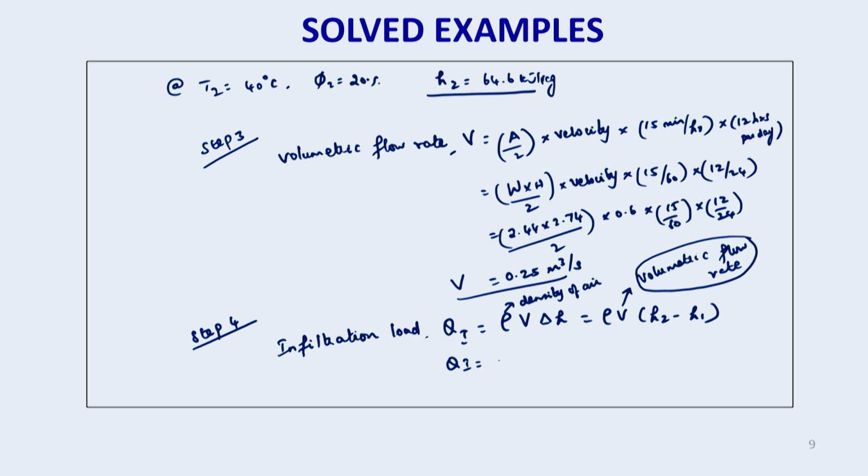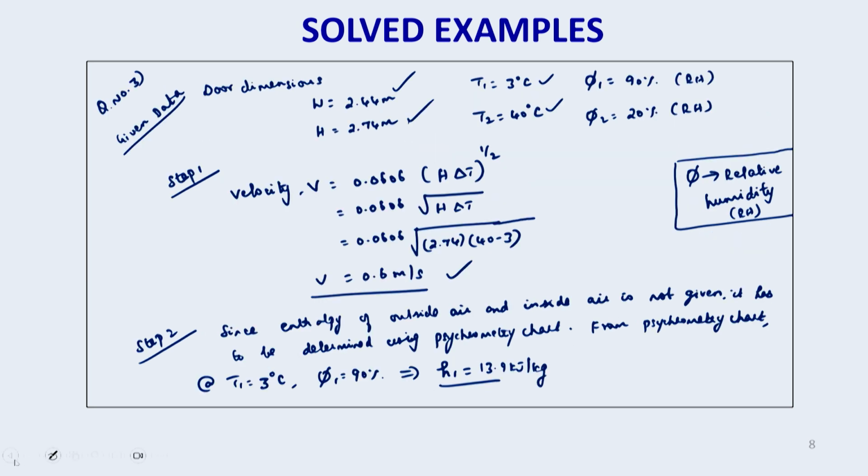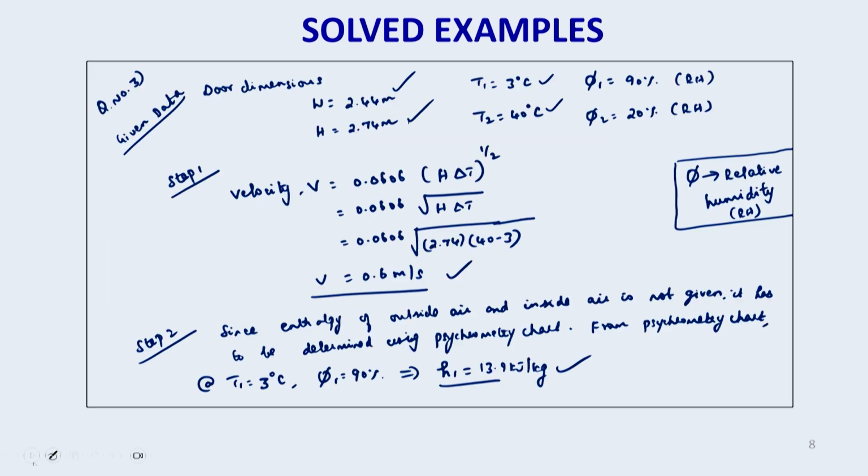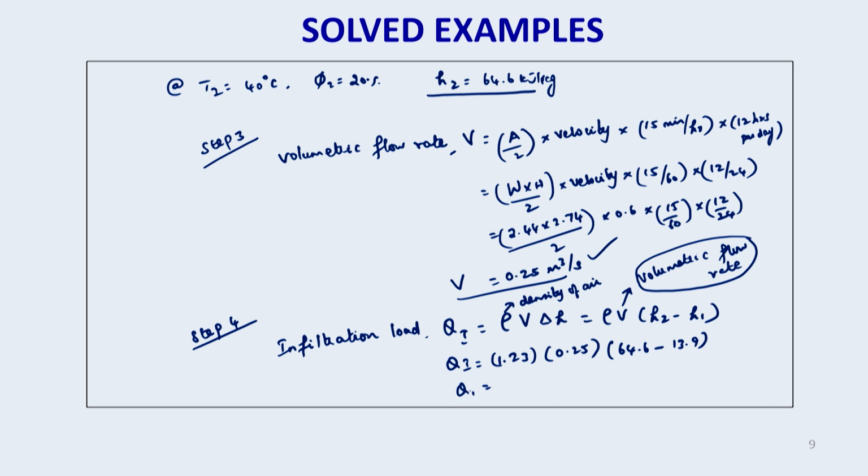You have to take it as 1.23 or 1.2. Density into volumetric flow rate, 0.25 meter cube per second, into delta H. H2 is 64.6 minus H1, which is 13.9. So when we calculate, we get 15.6 watts. So this is the infiltration load for the data given in the problem.